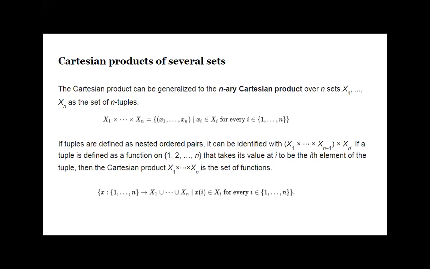Then the Cartesian product X1 cross X2 cross up to Xn is the set of functions. Now what does it mean? See here, we are going to take the tuples. Two parts will be there. From X1 to Xn minus 1 we take one term, and the second term will be Xn, simply Xn.